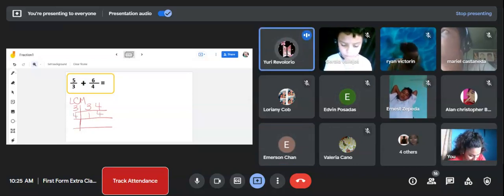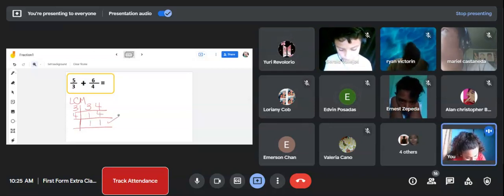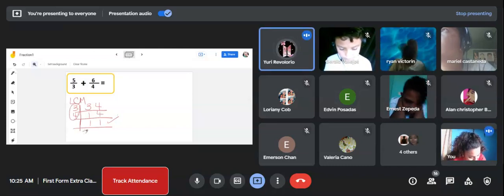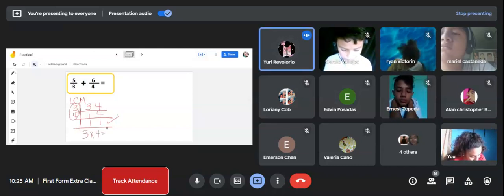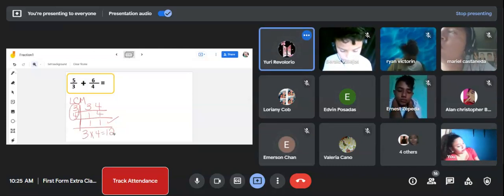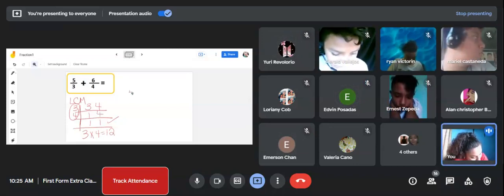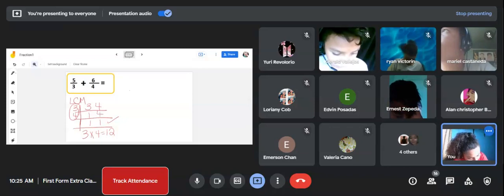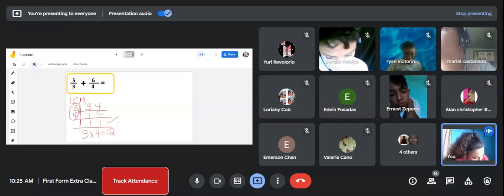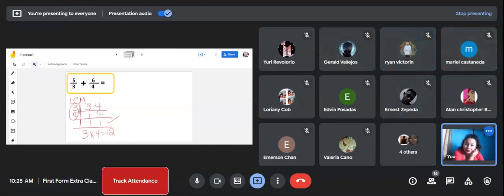Then 4 into 4, 1. And I am finished here, and I have these two numbers. 3 times 4 gives me what? 12. So now I'm going to write my question. I have 5 over 3 plus 6 over 4. And I'm going to write 12 now because I'm changing it to 12.